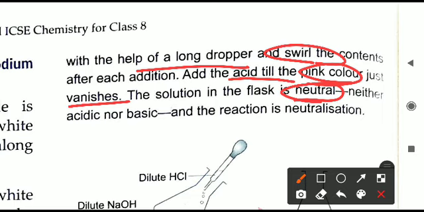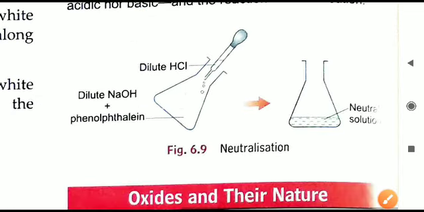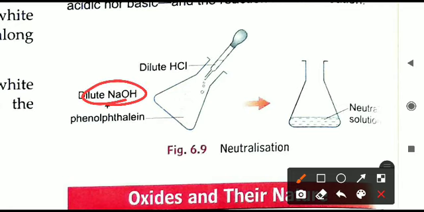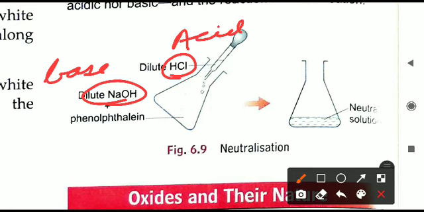Now we have balanced the acid with the base. Earlier we took a base in this container. Earlier it was only a basic substance, NaOH, where hydroxide is written. NaOH is a hydroxide, so that is a basic solution, and we have to balance it with an acid, or neutralize it with an acid. So we have taken another acid. How will we identify that acid and base have neutralized each other?